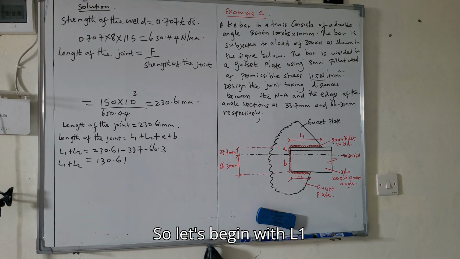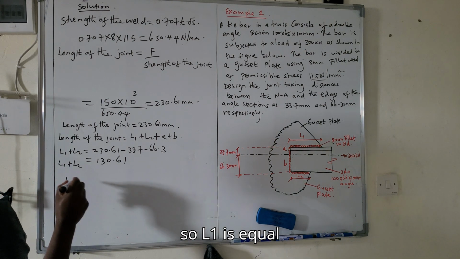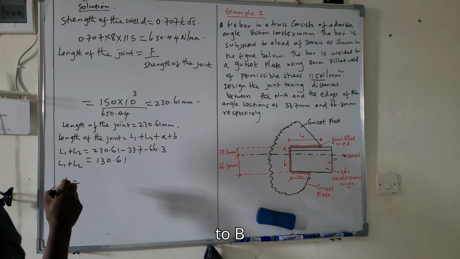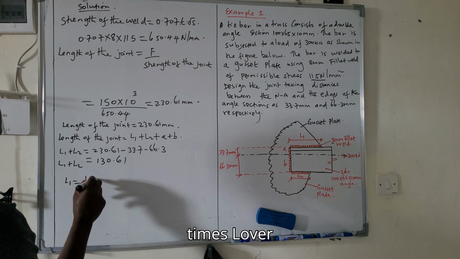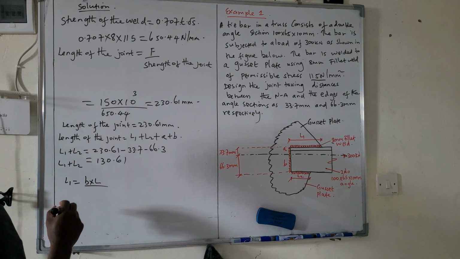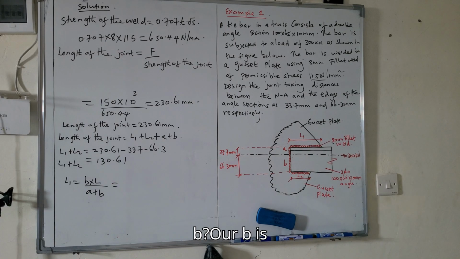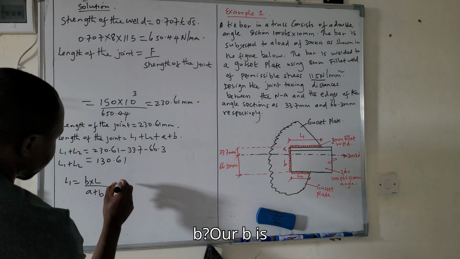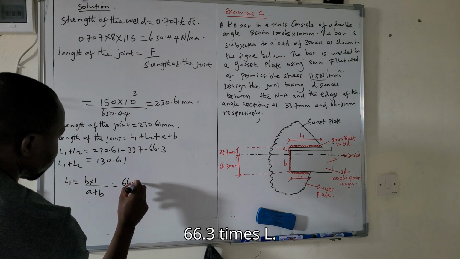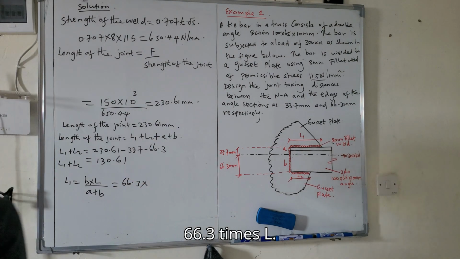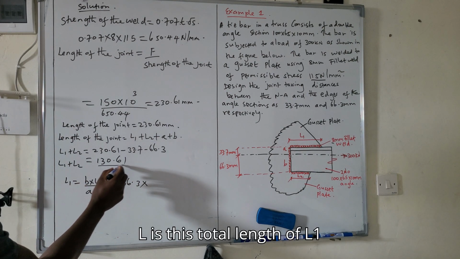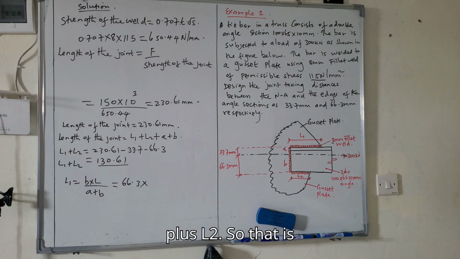So let's begin with L1. So L1 is equal to B times L over A plus B. So what is B? Our B is 66.3 times L. L is this total length of L1 plus L2.